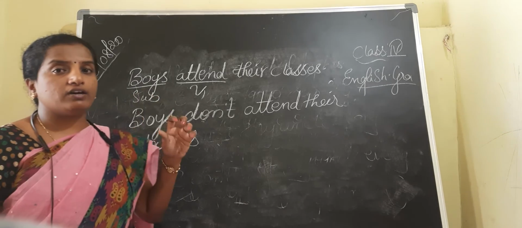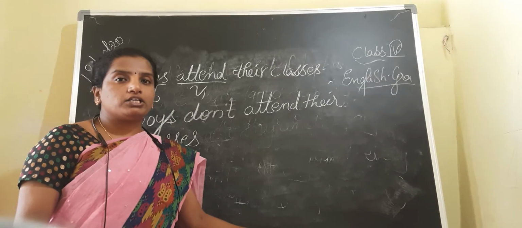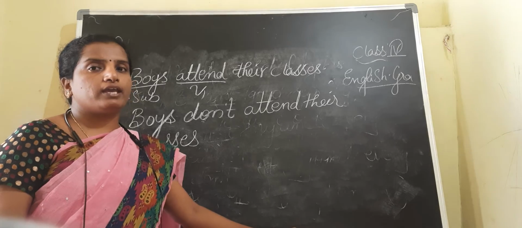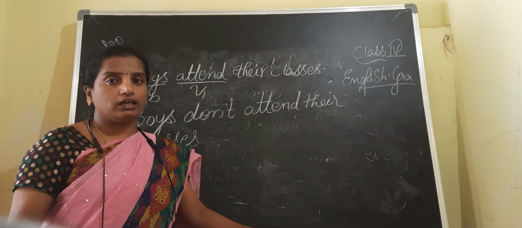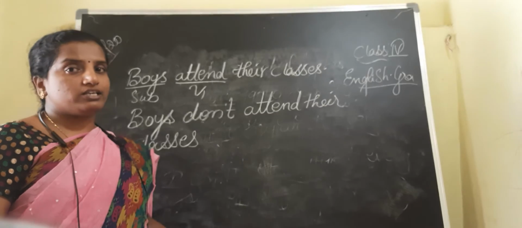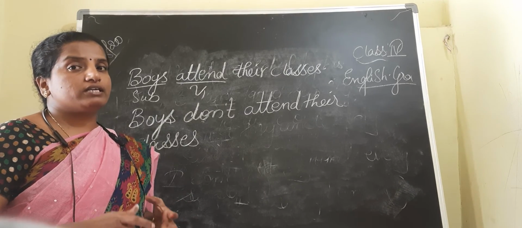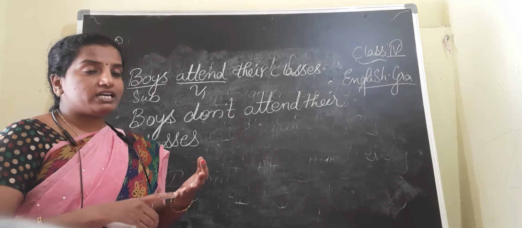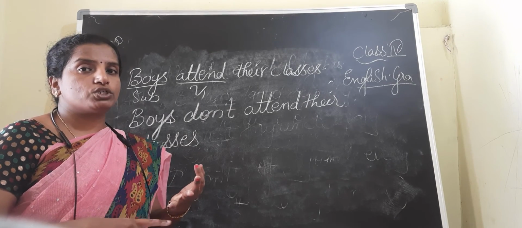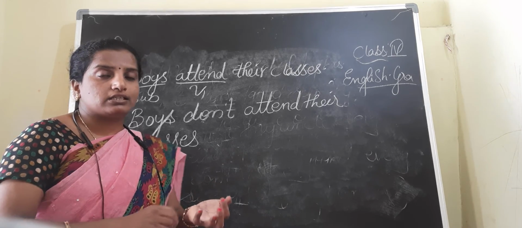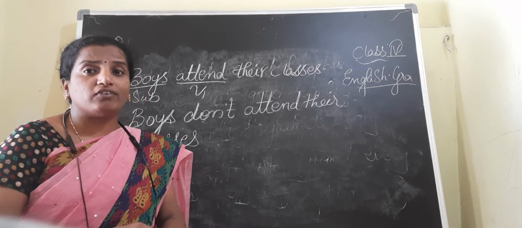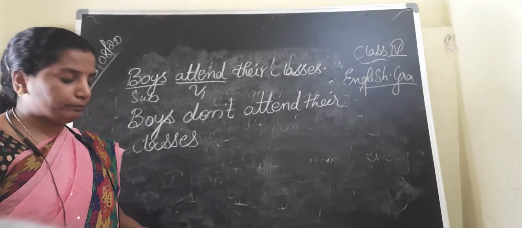When there is V1 in the sentence, to write the negative form, you have to add don't along with the V1. Is it clear, children? We have discussed three points. One is the negative form and the question form with the helping verbs, and another is the negative form with V1 when there is only V1.